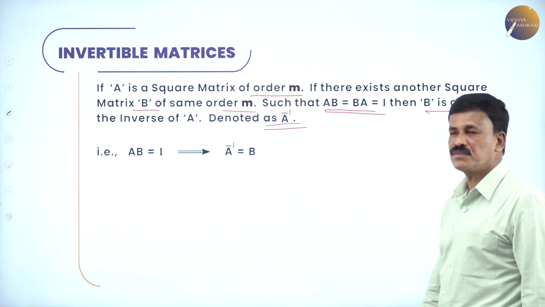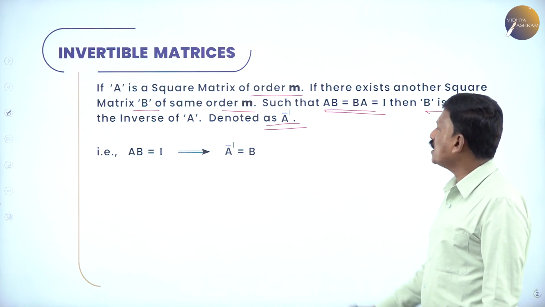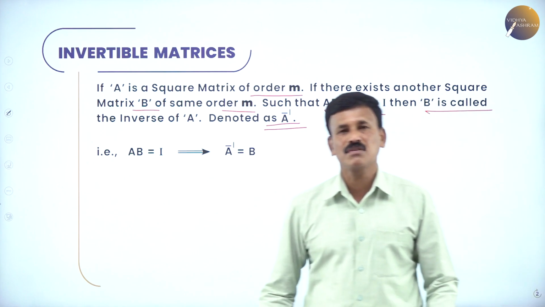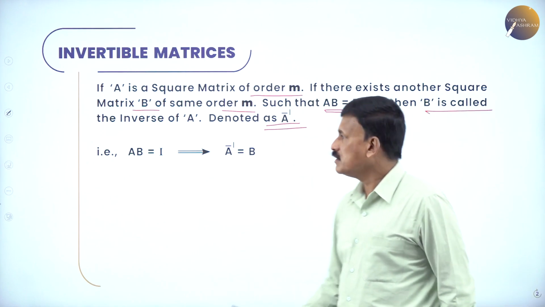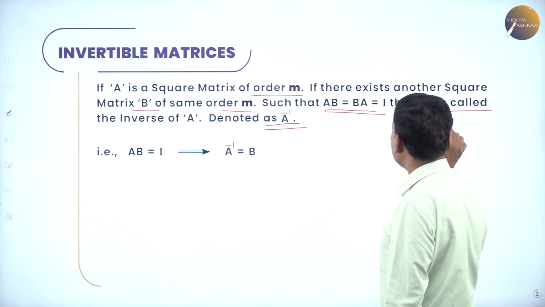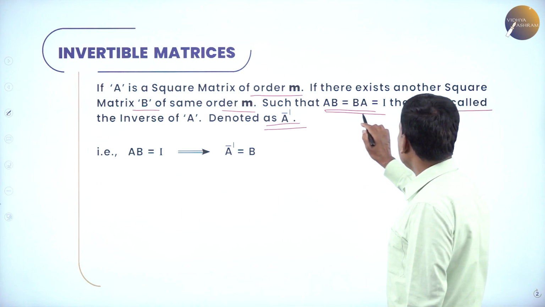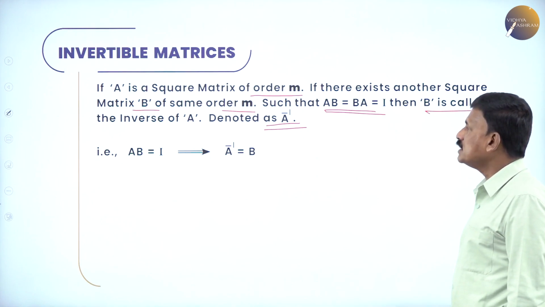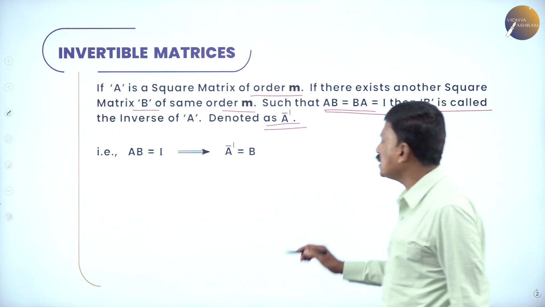This is a very important definition. If A is a square matrix of order M and there exists another square matrix B of order M, such that A into B is equal to B into A is equal to I, then B is called the inverse of A and it is denoted as A inverse.